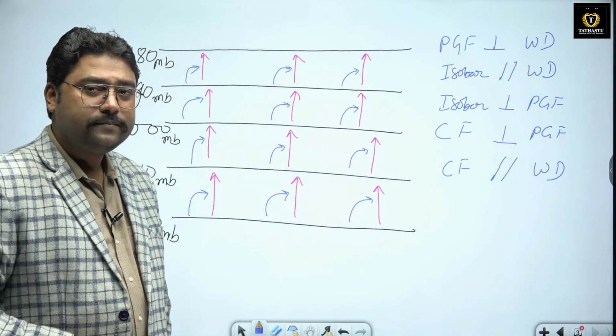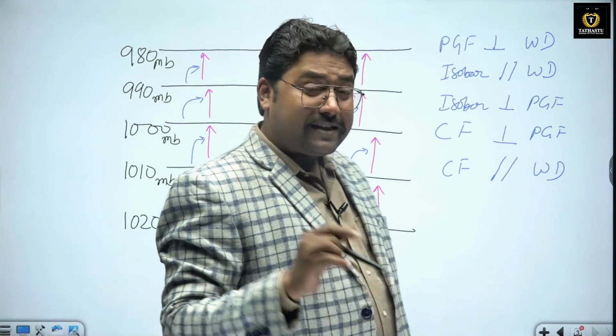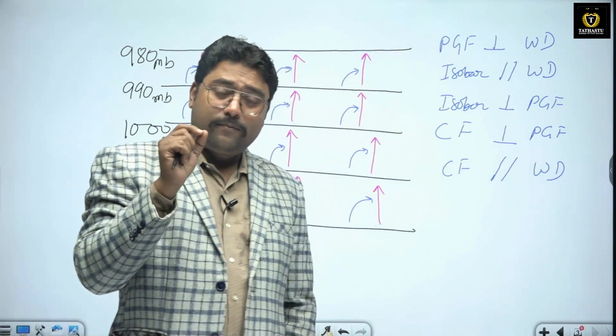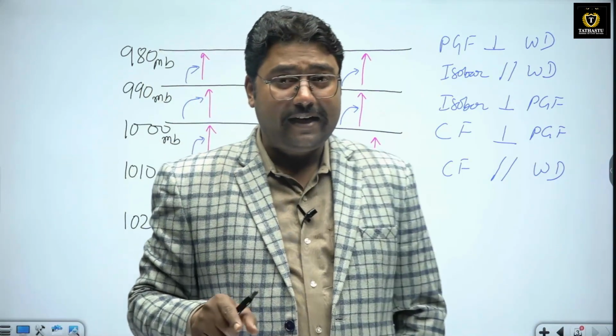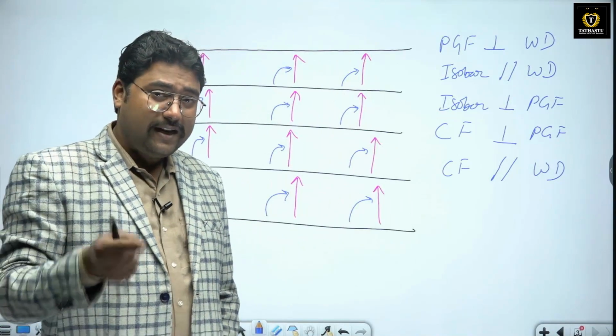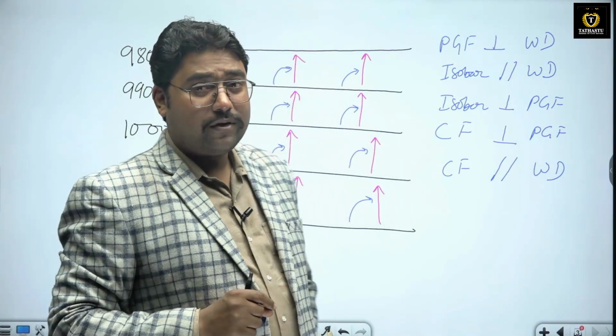Clear? And you have to remember this because it is clearly written in chapter number 9 or 10, atmospheric circulation, about the relationship between the pressure gradient force, isobar, wind direction and Coriolis force. Okay.